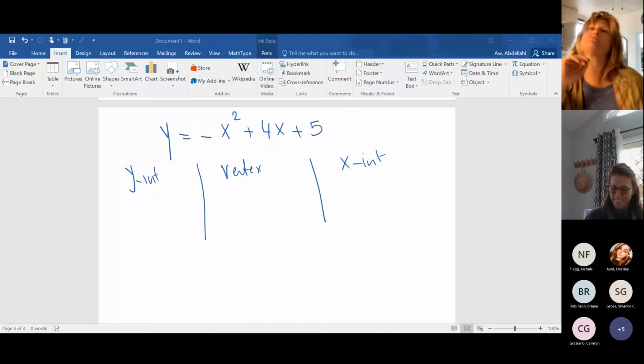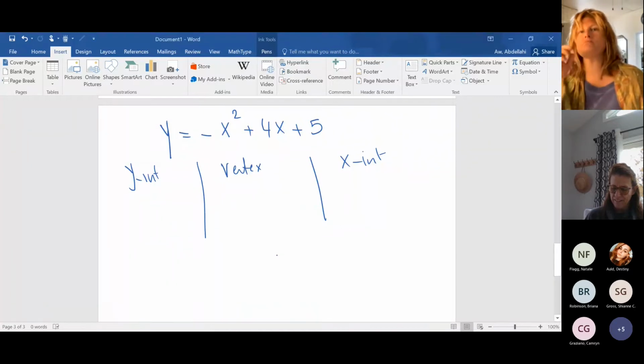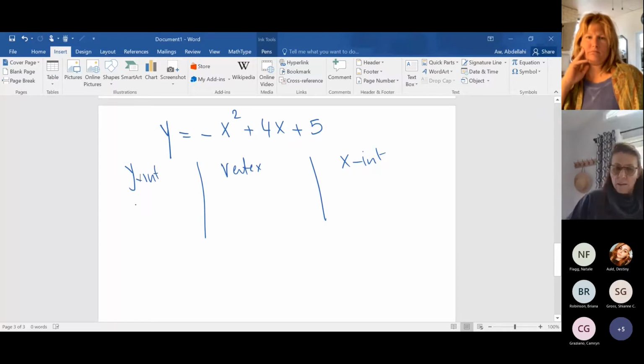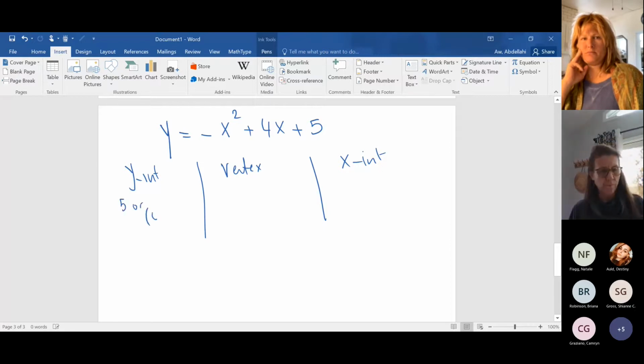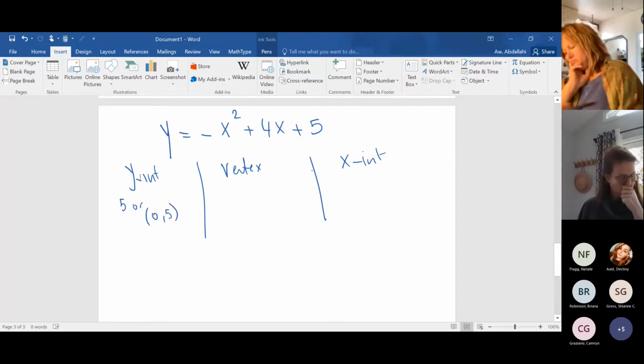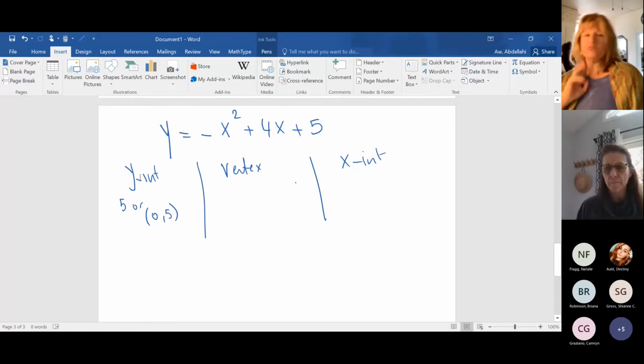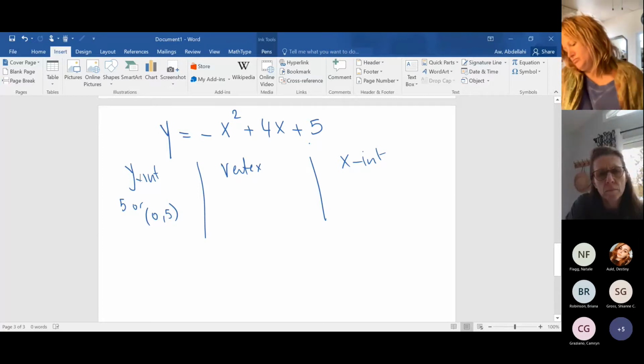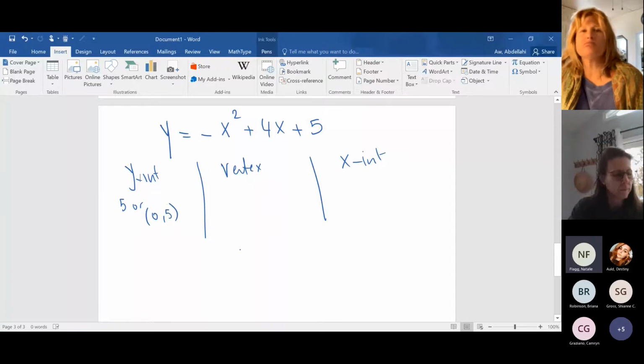Okay, so now everybody tell me, what is the y-intercept? Is it 5? It is 5, right? We say 5, or we write 0,5. The vertex. Do you have the answer for the vertex? It's 2,9. Let's check together.